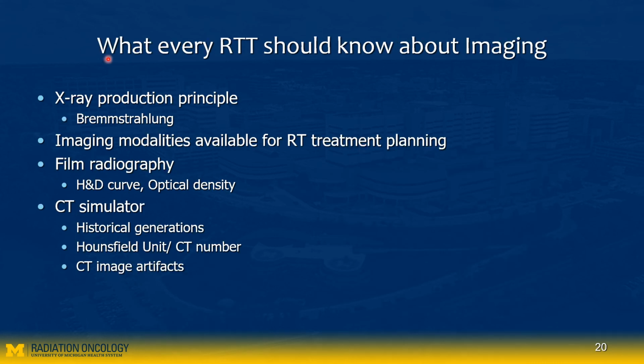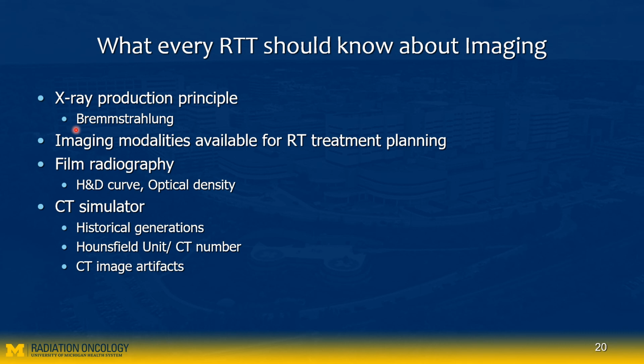I want to summarize all we learned with these 3 slides. Okay, so this is the summary: what every RTT student should know about imaging. First, you have to understand how the X-ray is produced, right? The key term here is Bremsstrahlung. So you have to understand the X-ray tube and the key mechanism, the Bremsstrahlung.